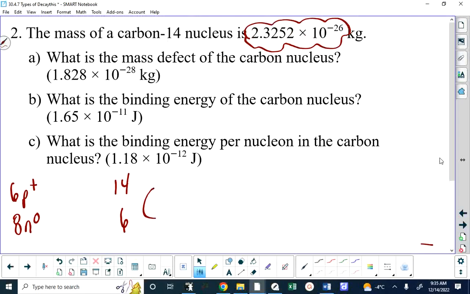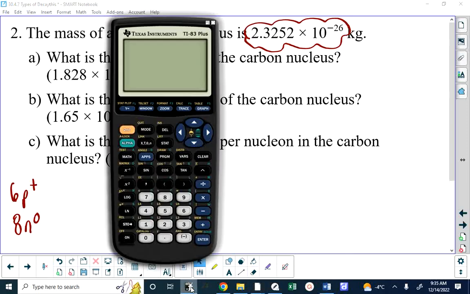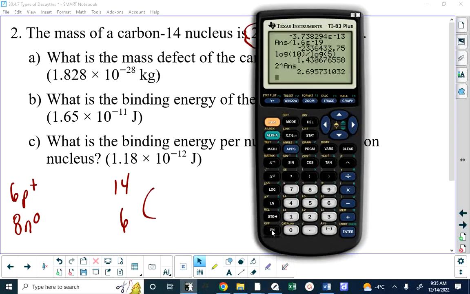So I'm not going to bother to write down a whole bunch of numbers here. If I were to take 8 multiplied by the mass of a neutron, which is 1.6749 times 10 to the negative 27 kilograms, and add 6 multiplied by the mass of a proton, which is 1.6726 times 10 to the negative 27 kilograms.